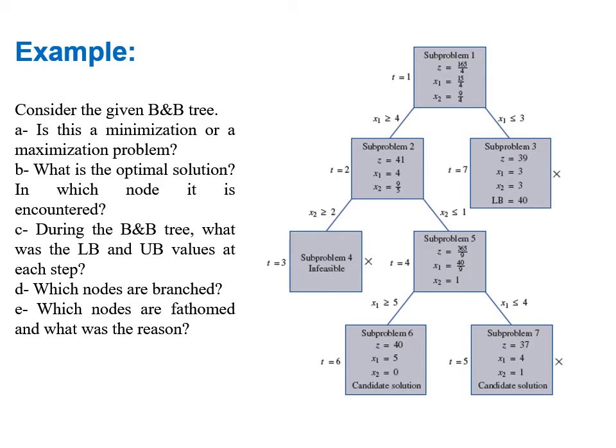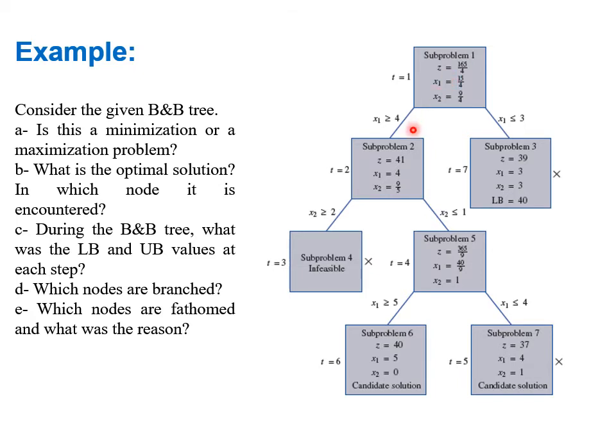Similarly, if you look at the other ones, for example, this one is 41, and its child has 40. So 41 is larger than 40. It means that this should be a maximization. So in a maximization problem, when you go downwards in the branch and bound tree, the objective function values will never increase.